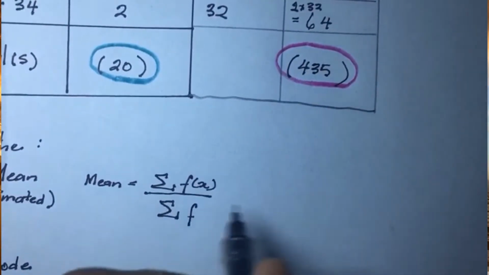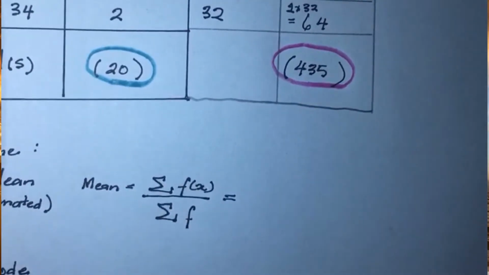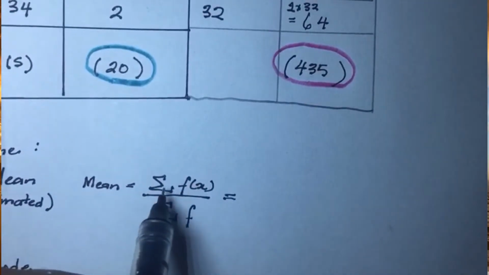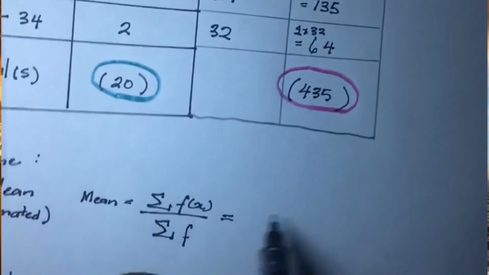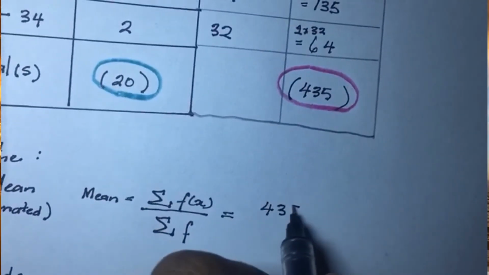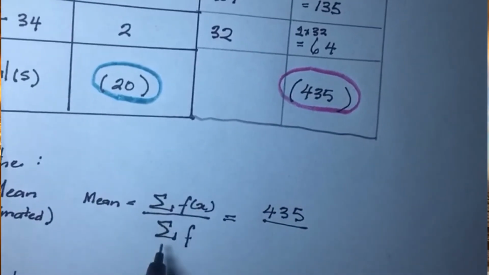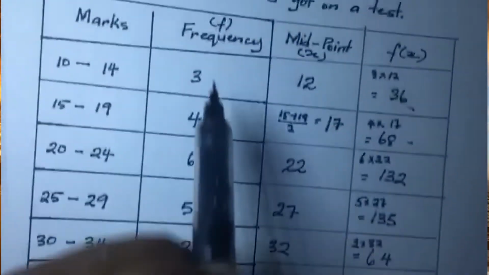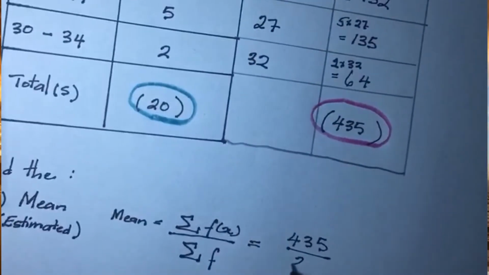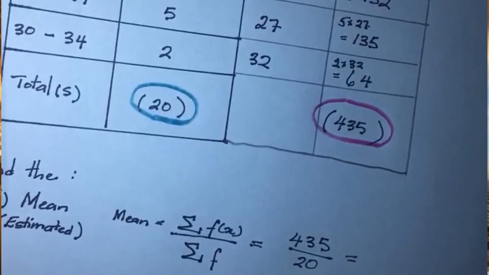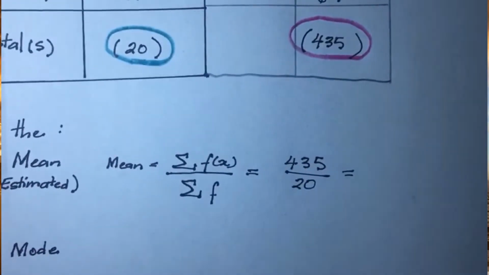So if I'm going to substitute, what comes at the top of the fraction is the sum of f of x. Here is the sum of f of x, so 435 will be at the top. What comes in the denominator? The sum of the f. See it here? F total 20. So when I do the math now, I'm supposed to get the estimated mean.